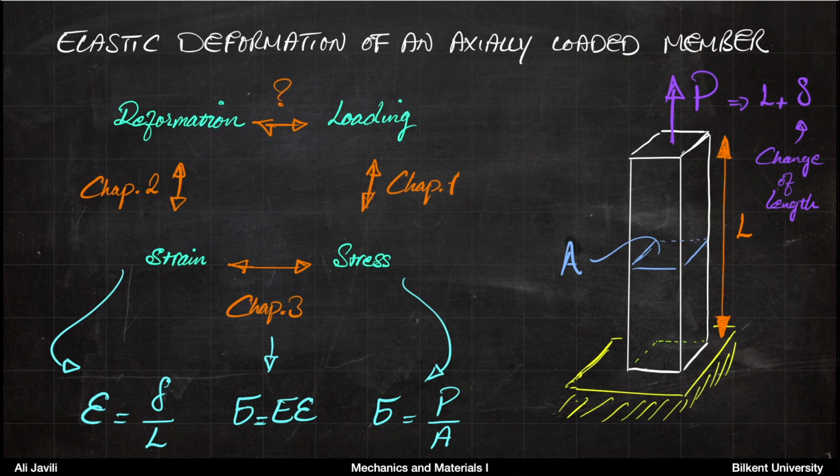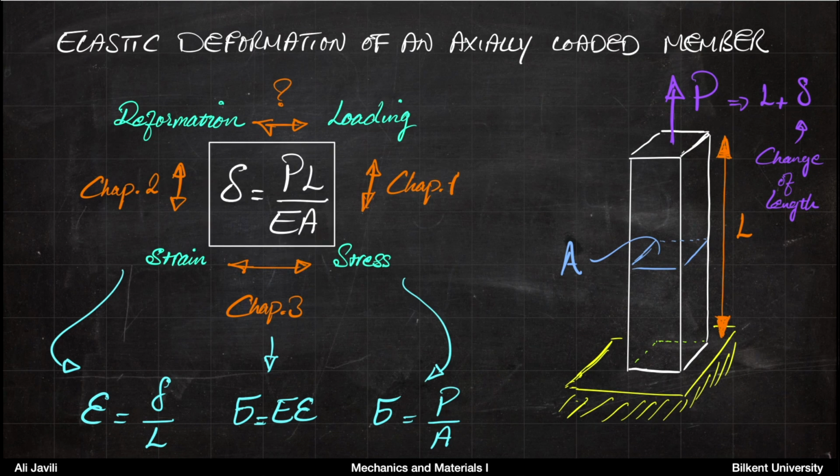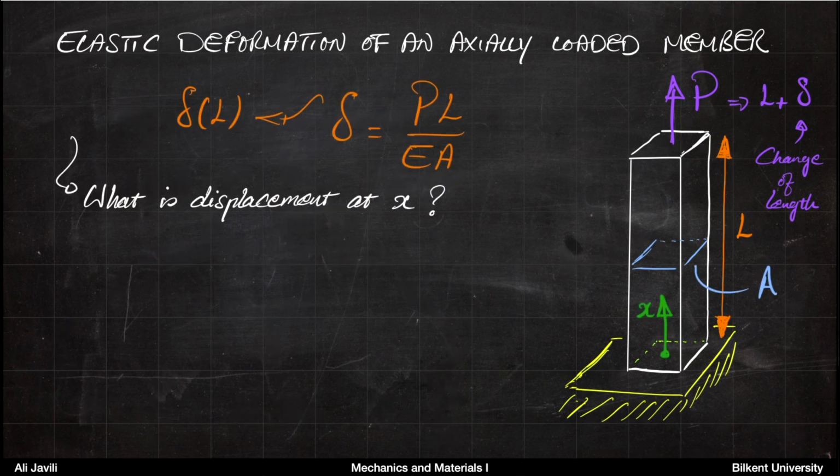Okay, so what we want to do now is to merge all these three equations together, and if you do that, you get this relation. Remember, we were looking for delta as a function of P, and that's exactly delta as the function of P, the force that we have on top. Now, this delta, or change of length, is the change of length on top of the bar.